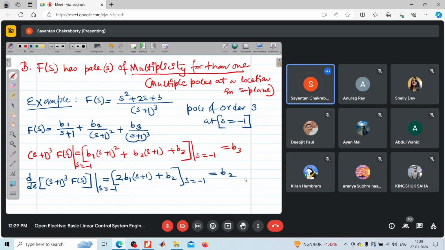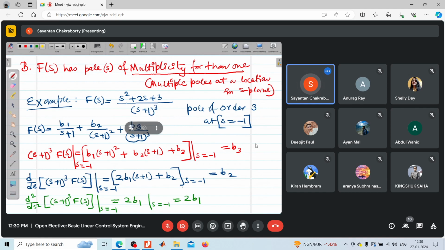Now again, take another level of differentiation of this function. If you take a differentiation, we'll get 2b1, and calculate that at s equal to minus 1. So you will get 2b1.